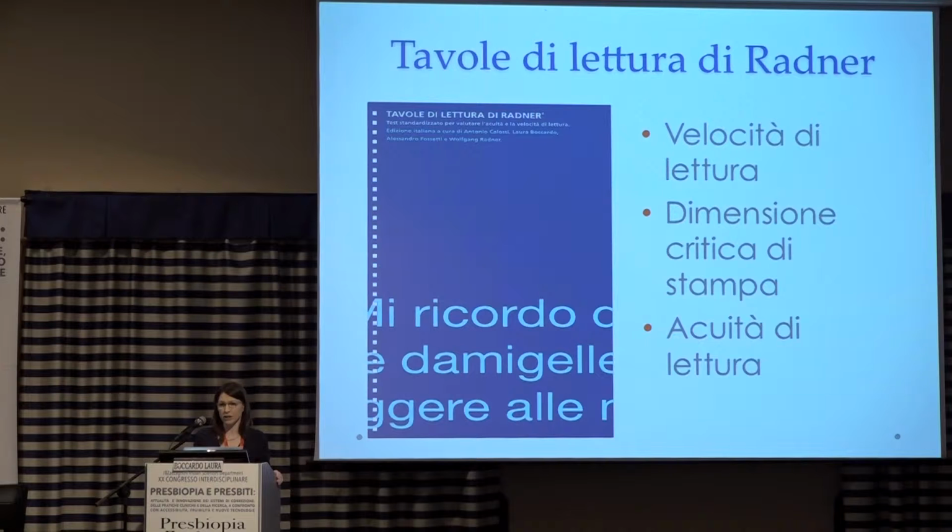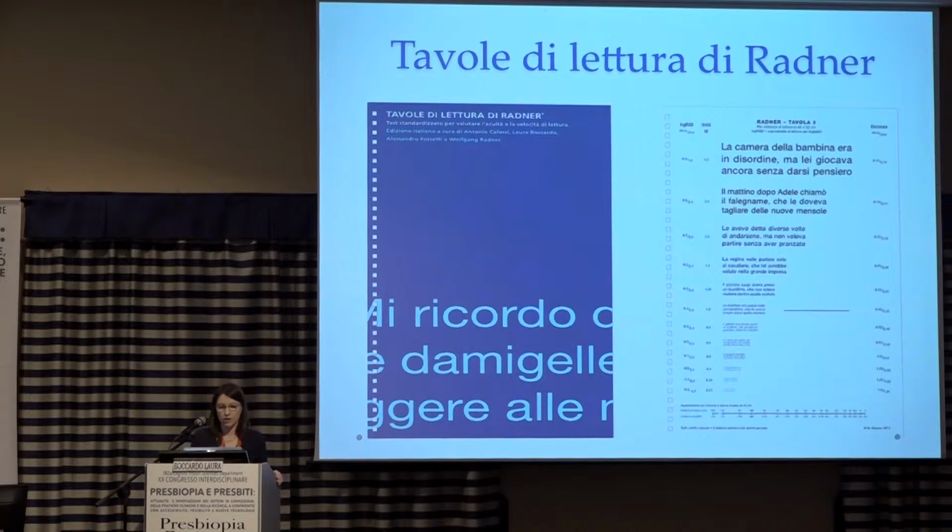They can be used not to measure visual acuity, but the patient's ability to read, by measuring usual reading speed, the font size below which reading becomes challenging, and the smallest reading font that can be afforded by the patient. So we can see these reading charts.